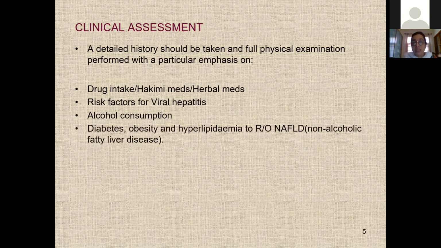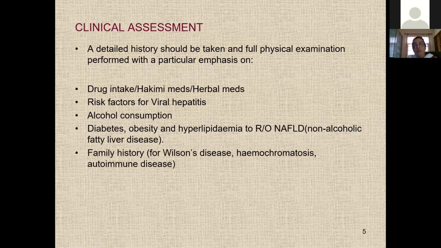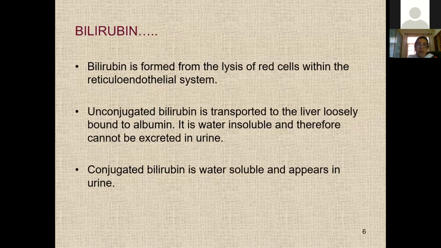Diabetes, obesity, and hyperlipidemia to rule out NAFLD, because after hepatitis B, C, and alcohol, this is the leading cause. NAFLD is the leading cause of deranged LFTs and liver failure. Family history for Wilson's disease, hemochromatosis, and autoimmune disease. Occupational exposure to toxins, whether that person works in a factory or in a company or with chemicals that can affect the liver. So we'll go through each component one by one.